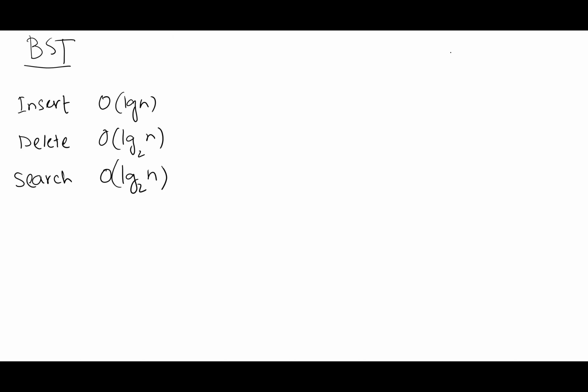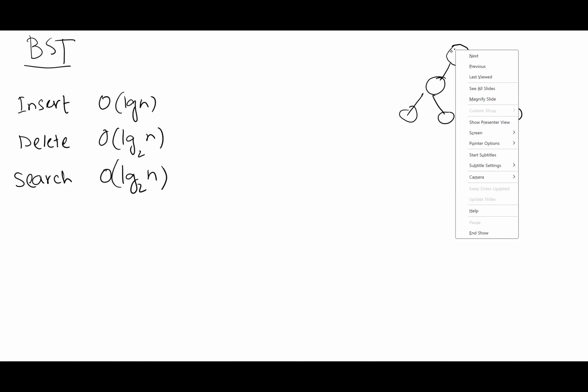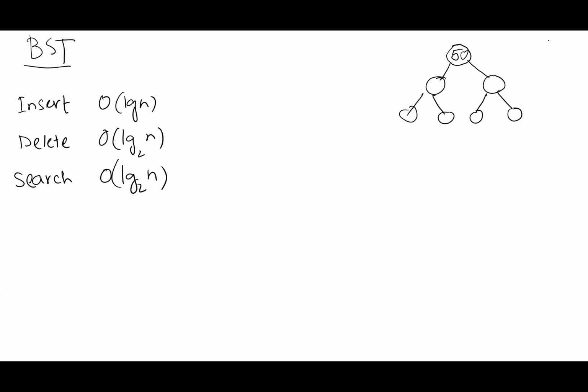This is possible if you have, suppose, a tree like this. Say this is 50, and you are looking for 60 in this tree. You start from the root, and you see 60 is greater than 50.